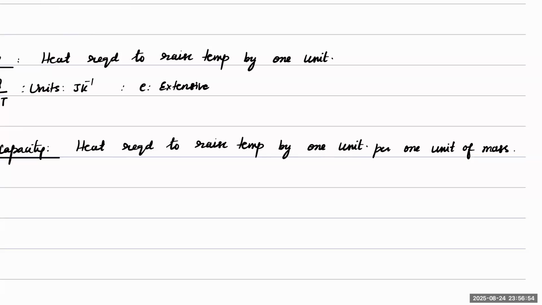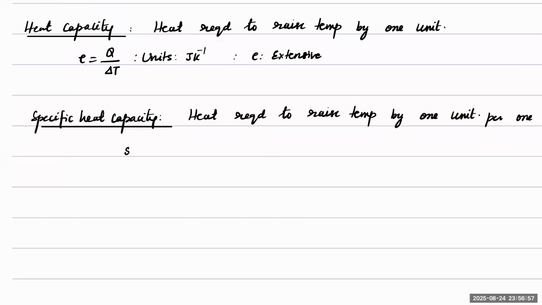It is normally represented by S, which is Q divided by M into delta T. Now you notice that Q was the heat, which is an extensive property, and M is also an extensive property. Both are being divided, so that makes it an intensive property. Units would be joules per kg per Kelvin, and now S will be intensive.